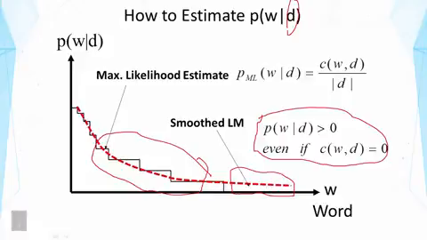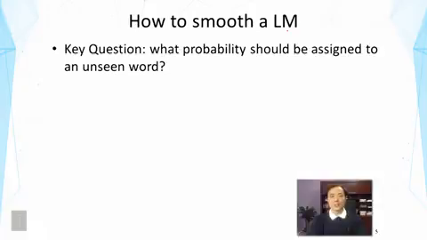And then, of course, we don't have really knowledge about any words that are not observed in the abstract. So that's why smoothing is actually a tricky problem. So let's talk a little bit more about how to smooth a language model. And the key question here is what probability should be assigned to those unseen words? Right? And there are many different ways of doing that.